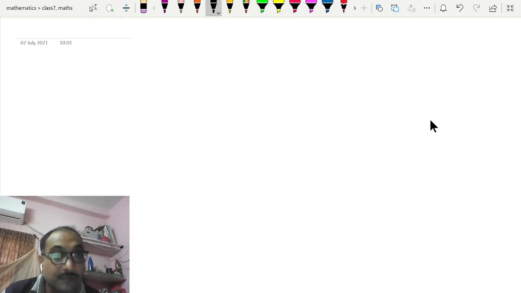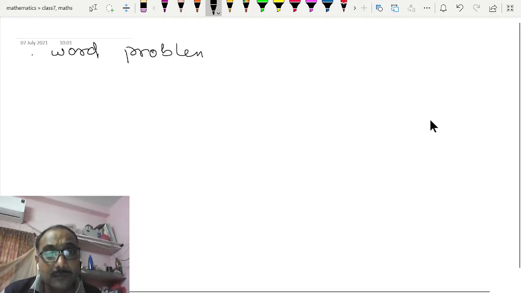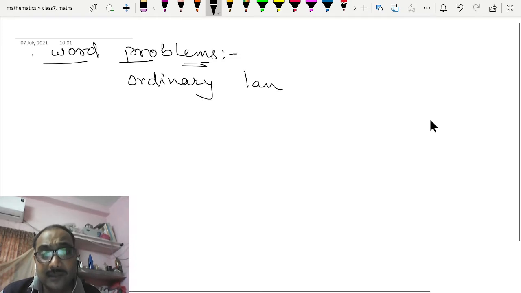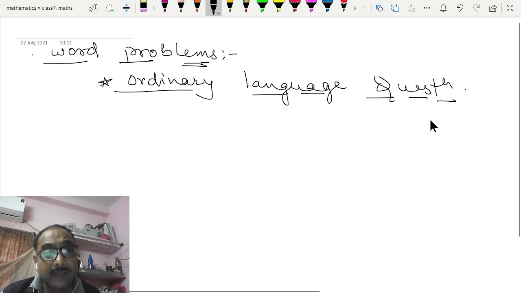See, all word problems are nothing but an interpretation of ordinary language in which the question is given. And how do you understand this ordinary language in equation form?